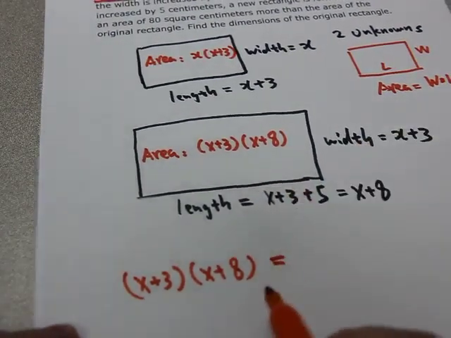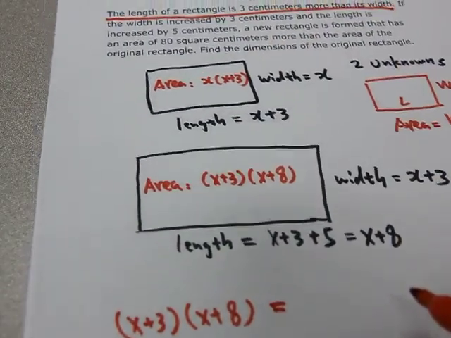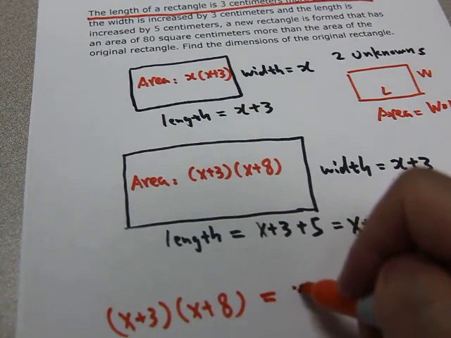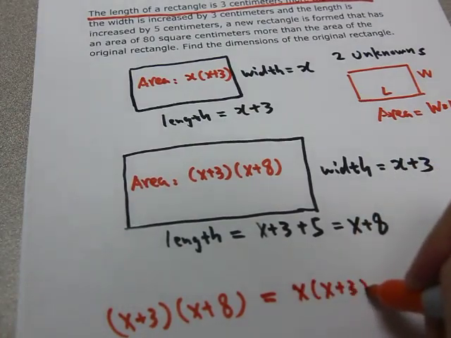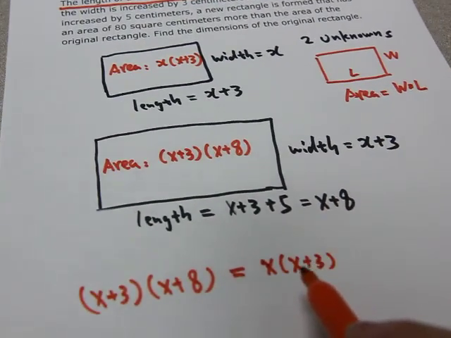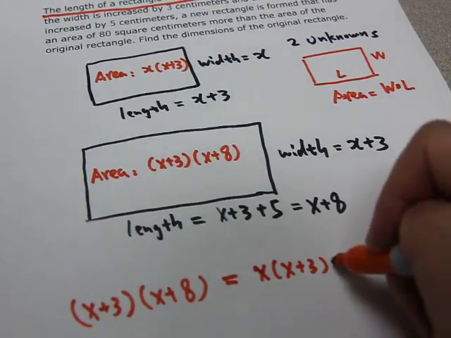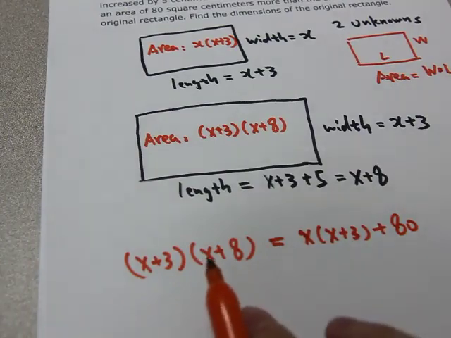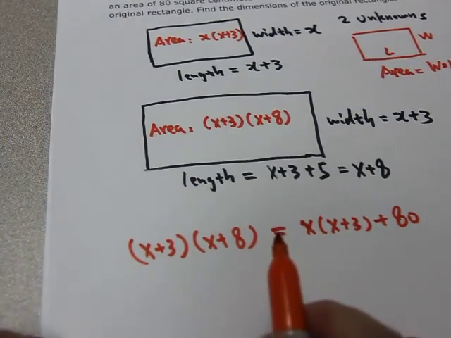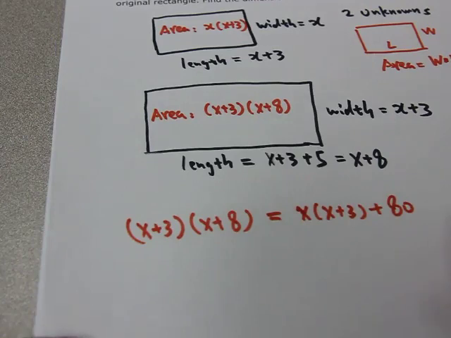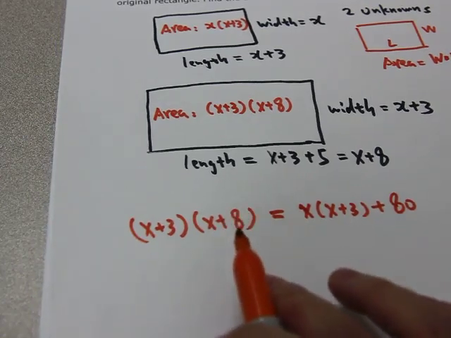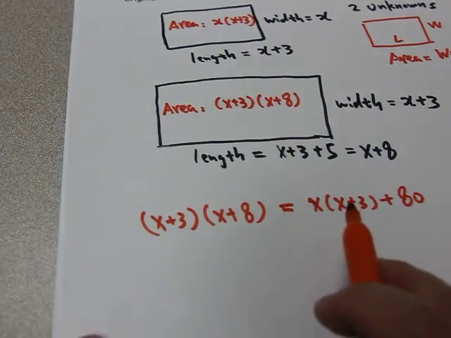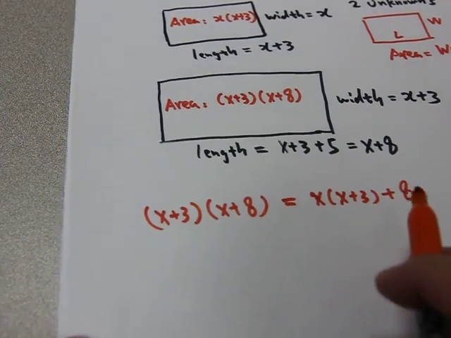Since this is 80 greater than the area of the original rectangle, we add 80 to the area of the original rectangle. This will be equal to the area of the new rectangle. Okay. Now, up to this point, we have successfully set up this equation. So now we just need to solve this equation for x.